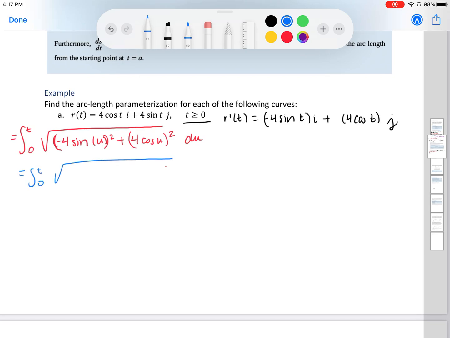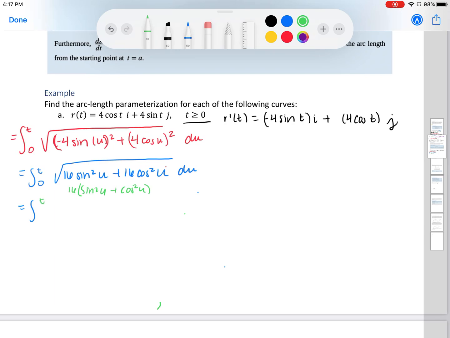So 4 squared is 16. We're left with 16 sine squared u plus 16 cosine squared u du. We can use the Pythagorean identity. If you factor that, we see that sine squared plus cosine squared gives us 1, so we're just left with 16.